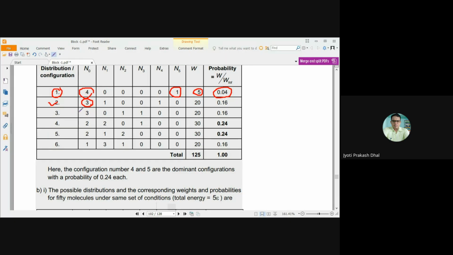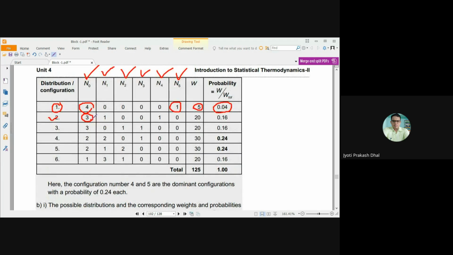So in the second case, you put 3 molecules at the 0 energy level, 1 molecule at the epsilon energy level, and 1 molecule at the 4 epsilon energy level. So the total energy will become 5 epsilon. And here W equals 20 and the probability will be 0.16.